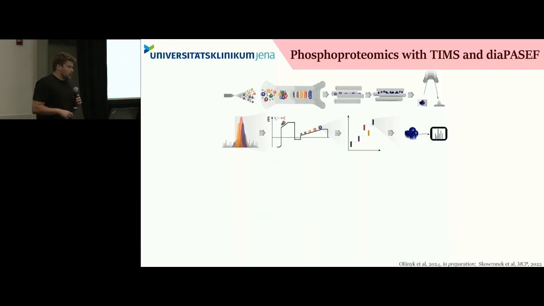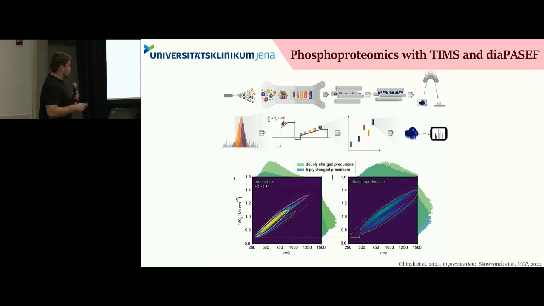I would like to switch gear in comparison with the previous presentation and talk about a little bit different family of mass spec instrumentation. So timsTOF is a pretty fast mass spectrometer with an added advantage of ion mobility in this very small but very powerful TIMS, trapped ion mobility spectrometry, device that allows us to separate peptides and phosphopeptides, additionally to the liquid chromatography dimension, in the gas phase, which allows us to record an additional dimension of the data, the ion mobility.